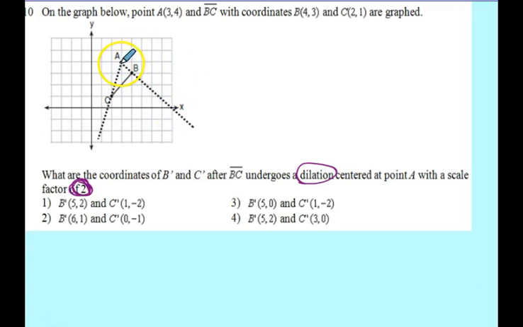So to get from A to B, it took me 1 down, 1 to the right. That would be 1 betweenness. And I, with the coefficient 2, will need 2 of these betweennesses.